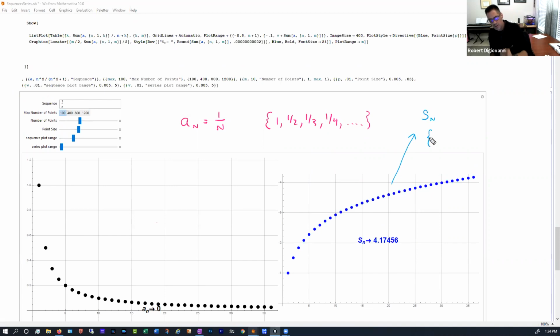The first number in this sequence is just the first number here, 1. But the second number, that second dot, is not 1/2, it's 1 plus 1/2. It's the first 2 over there added. And then the third number in this one is the first 3 of these added, 1 plus 1/2 plus 1/3. And then the fourth one here is going to be 1 plus 1/2 plus 1/3 plus 1/4.